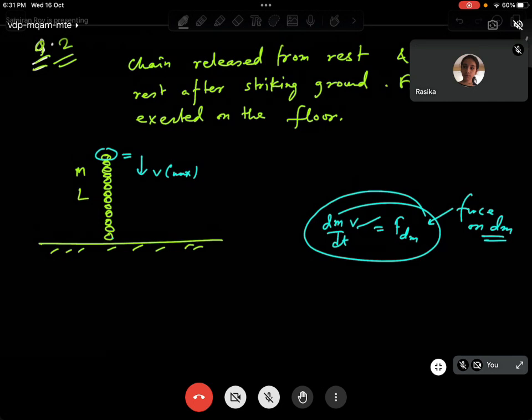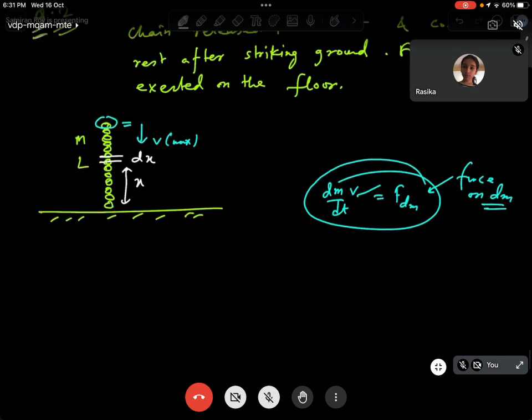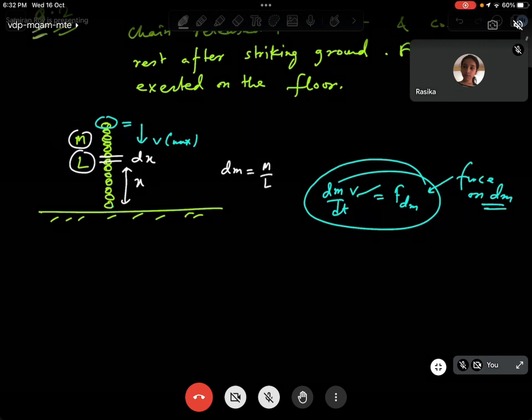Let us consider a small element dx at a distance x from the ground. Mass m, length l. So what is dm? dm is m by l into dx, the mass of the dx element.